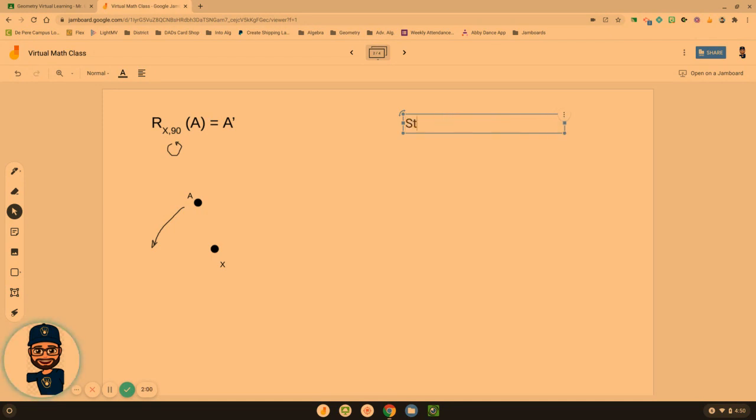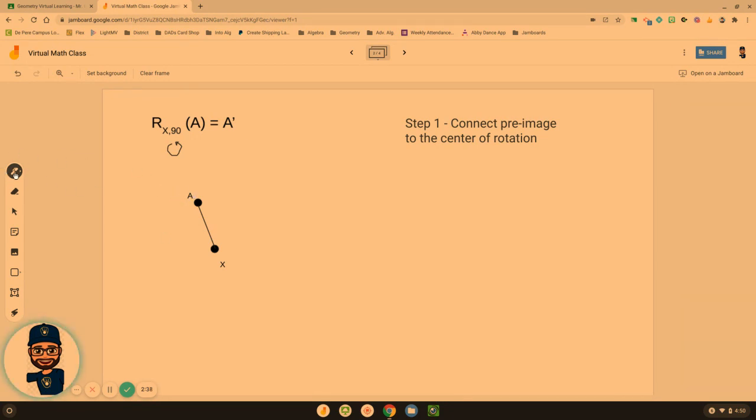Step number 1, connect the pre-image to the center of rotation. In this case, we need to connect point A to the center. Let me do that right here. So I've created that segment.